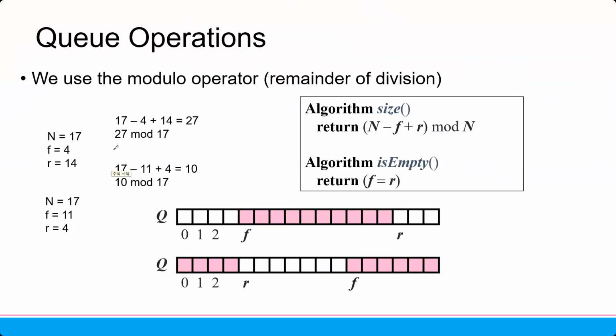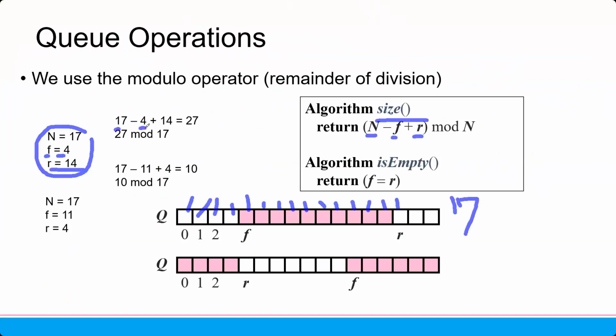So this is an example. If we have n equals 17, and we know f is 4 (0, 1, 2, 3, 4), and then r is at 14 (5, 6, 7, 8, 9, 10, 11, 12, 13, 14). We can calculate the size by putting every number in. n is 17, so 17 minus front, which is 4, plus 14, which is rear.